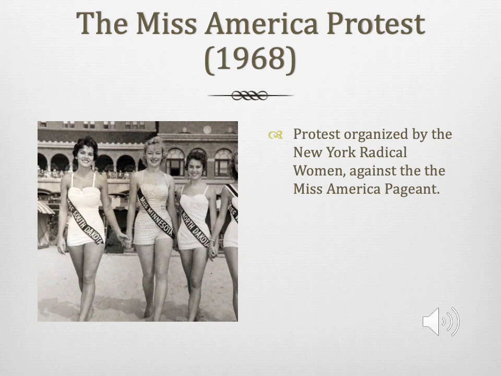So there was plenty there to protest. The group that organized the protest was a group called the New York Radical Women, headed up by a young woman named Robin Morgan, who's still around out there doing all sorts of fantastic stuff. But there we have it. Let's go see what's next.